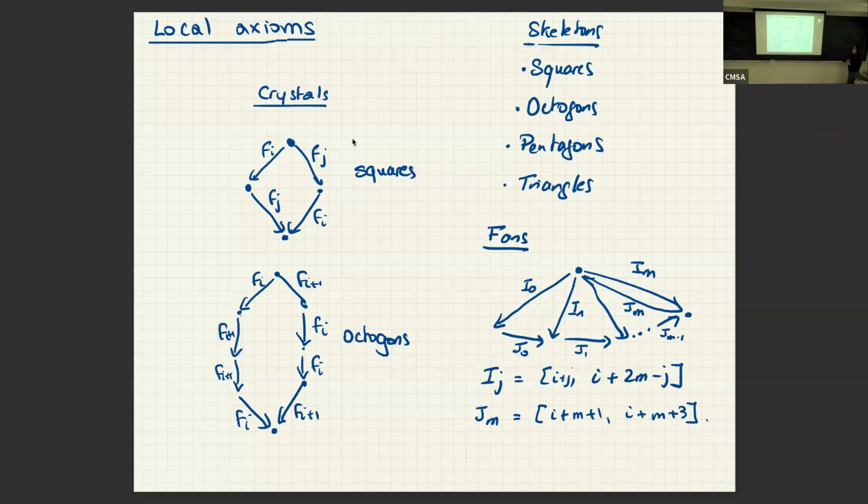But now in the crystal skeletons, we can keep the squares and octagons, but sometimes the squares and octagons collapse, and they can become pentagons and triangles. So never hexagons, never.